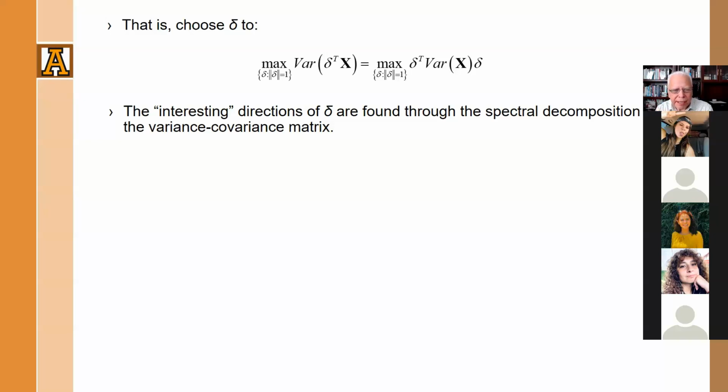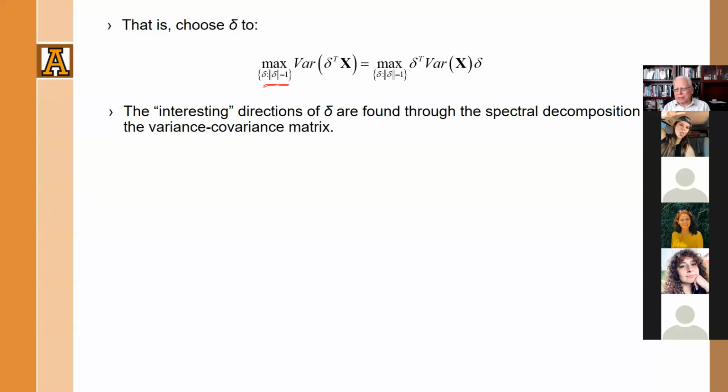Now, the directions of delta. After all, we're forcing this condition that the size of delta is equal to 1. We're doing that to standardize. Okay, so in essence, what matters is the direction of delta.